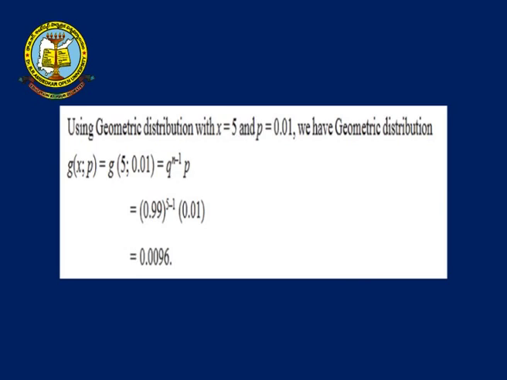We have geometric distribution g(x, p), g(5, 0.01). కాబట్టి ఇంటూ q is 0.99, ఎందుకంటే 1 minus 0.01 తీసేస్తాం కాబట్టి 0.99 power 5 minus 1 into 0.01, that is 0.0096.